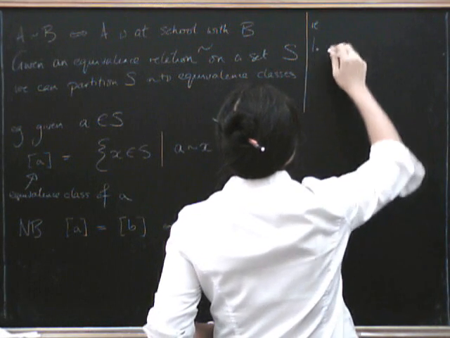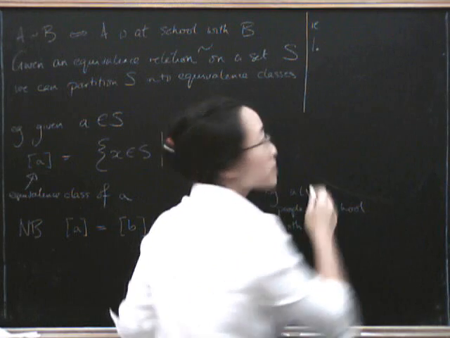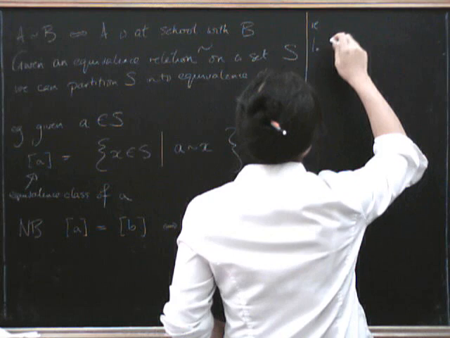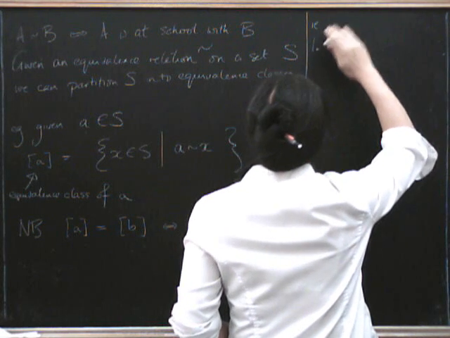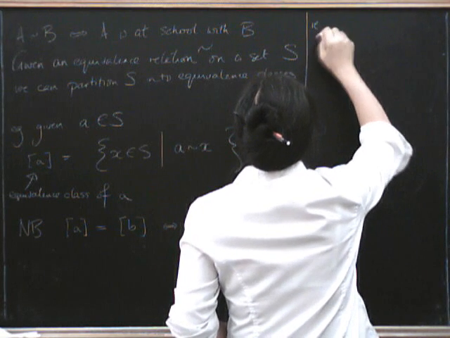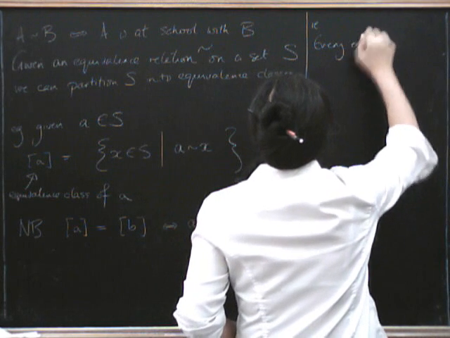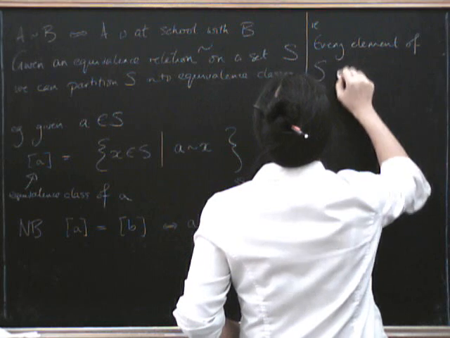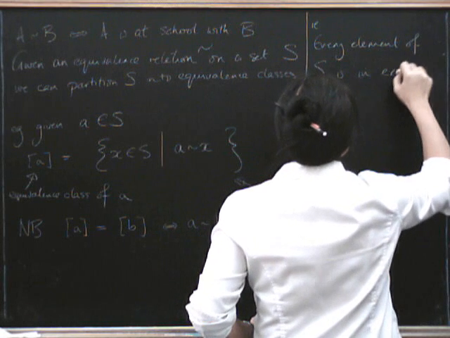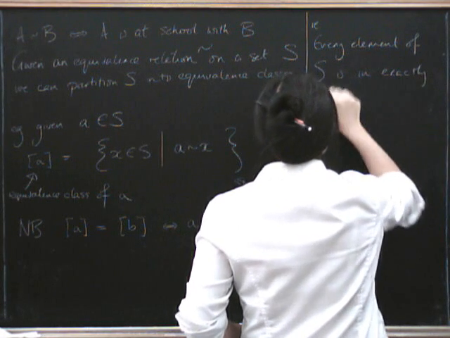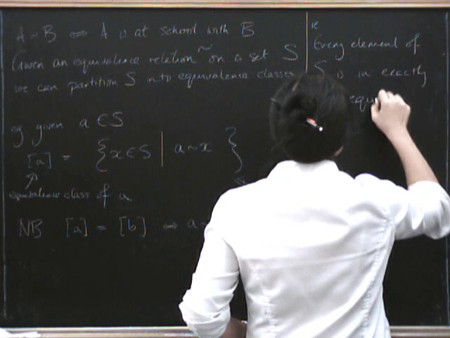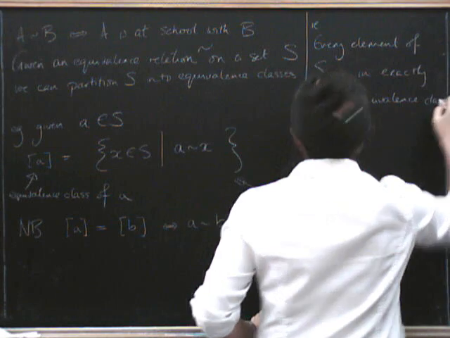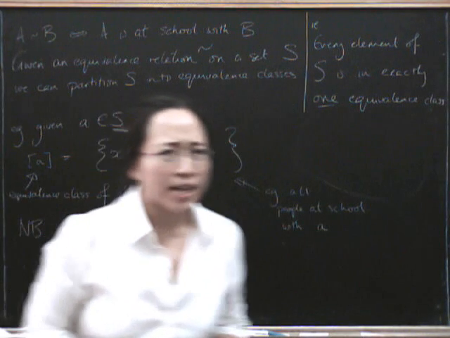One, every element of S is in at least one equivalence class, well, precisely one equivalence class, i.e. every element of S is in exactly one equivalence class.